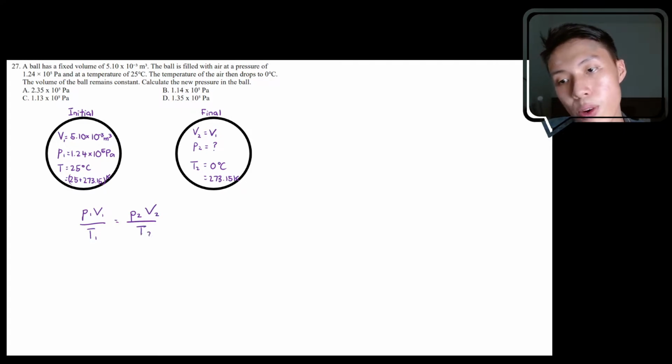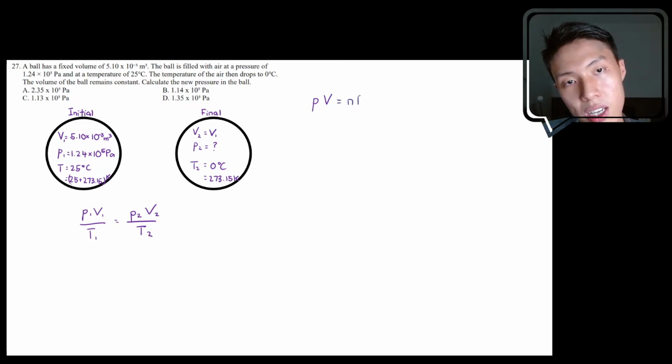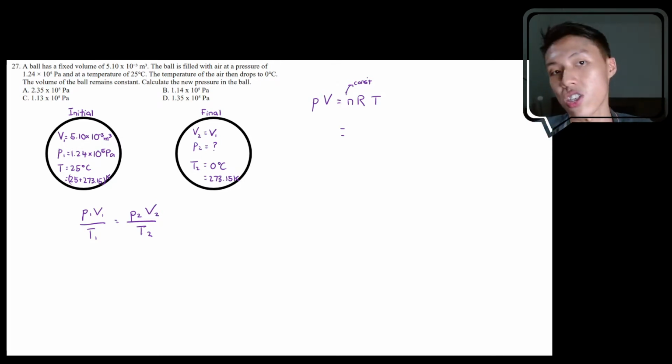This comes from the ideal gas equation. We know that PV equals nRT. If we don't have any leaking of gas and we don't have any addition of gas, then our n here should be constant. The number of moles of gas in the container should remain constant if there's no leaking or addition of gas.